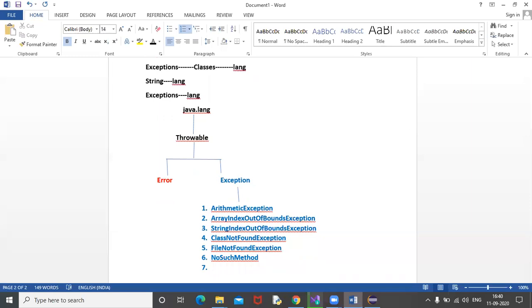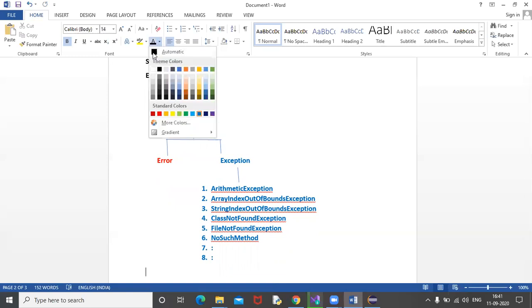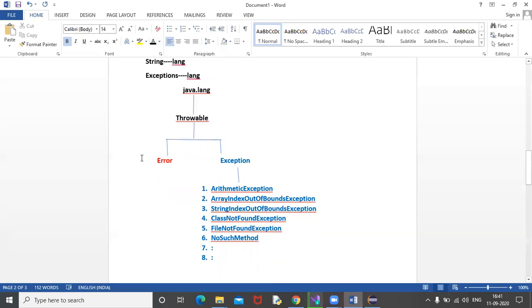Now let us move to exception handlers. What are the exception handlers available in Java? There are 5 exception handlers available in Java.